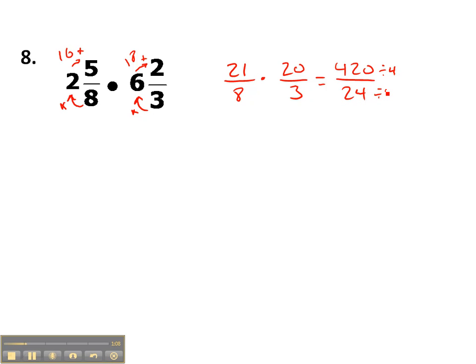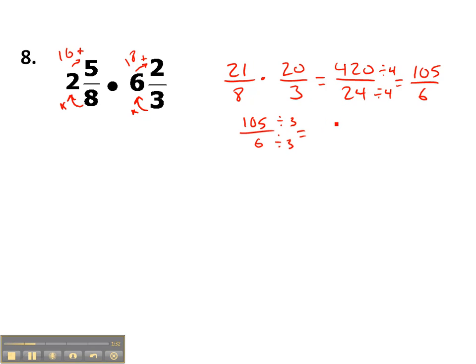If you didn't see that, you could divide by 2 and divide by 2 again. 420 divided by 4 is 105, and 24 divided by 4 is 6. I know 6 is divisible by 3, and 105 is divisible by 3, because 5 plus 0 plus 1 equals 6, and 6 is divisible by 3. So let's bring this down here, 105 over 6, and simplify by dividing by 3.